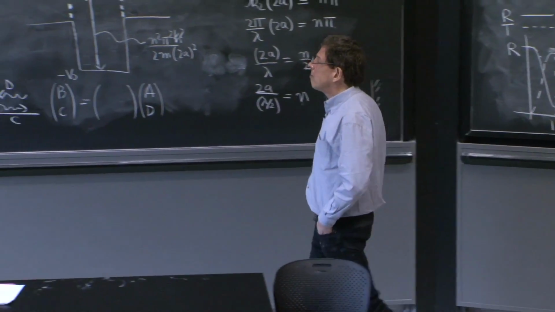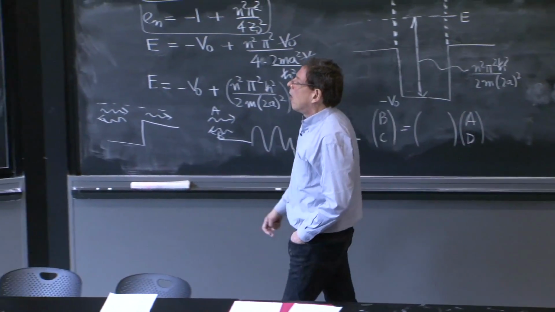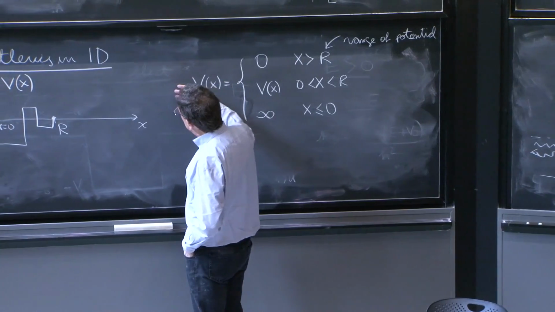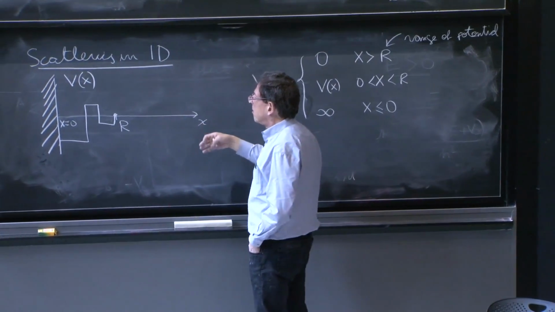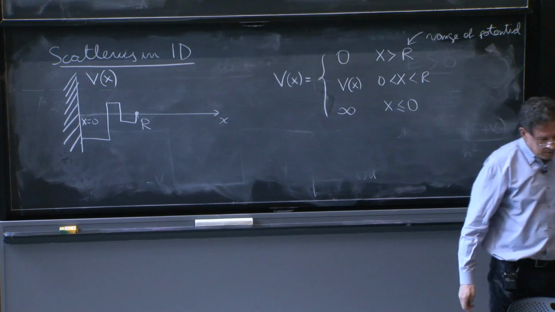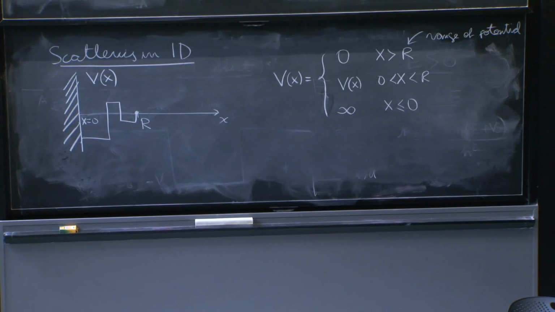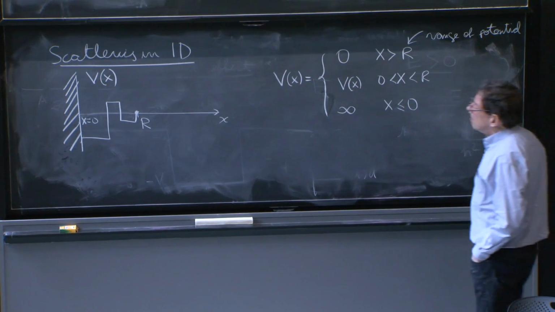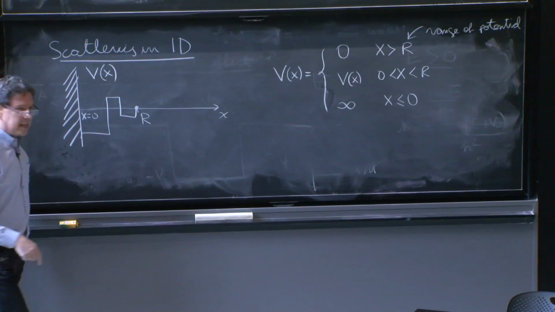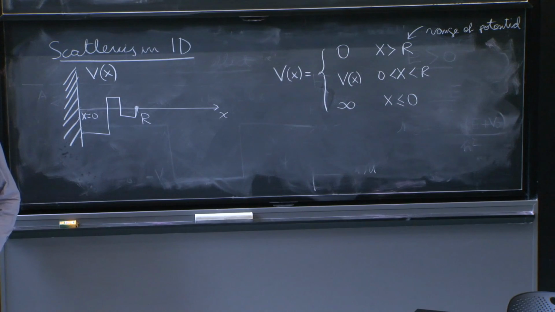It's all found by looking at what comes out and flies away. So there's an enormous amount of information on the potential from the data that comes out of you throwing in some particles and waiting to see what comes back to you. So we will always have this infinite wall. This infinite wall at x equals 0 means that x less than 0 is never relevant.